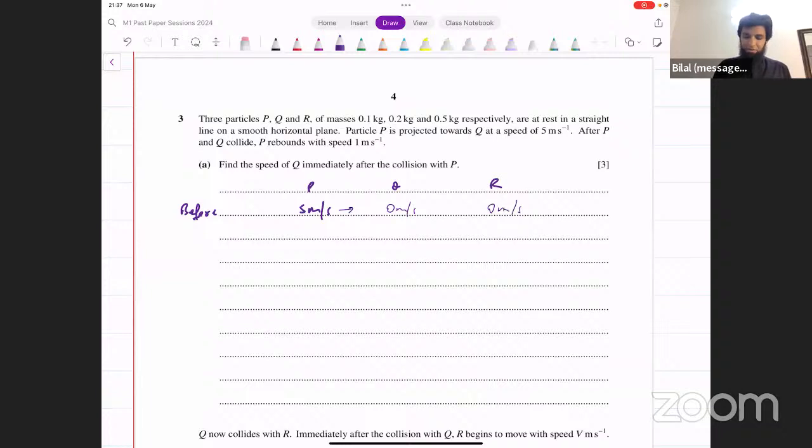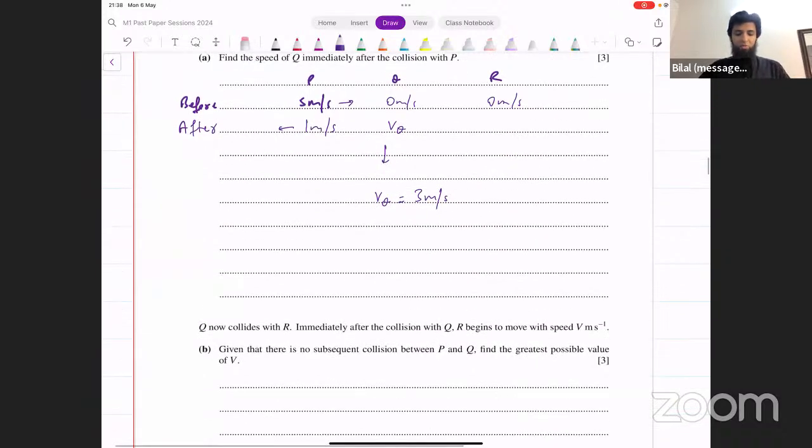Now, after the collision, P rebounds with a speed of 1 meter per second. This is what happens after the first collision. And you have to find the speed of Q immediately after collision. Let's call this VQ. You found that VQ equals 3 meters per second. So Q starts moving to the right at a speed of 3 meters per second after the collision happens.